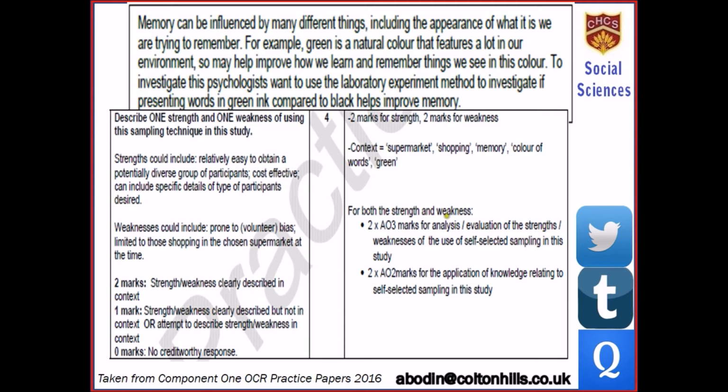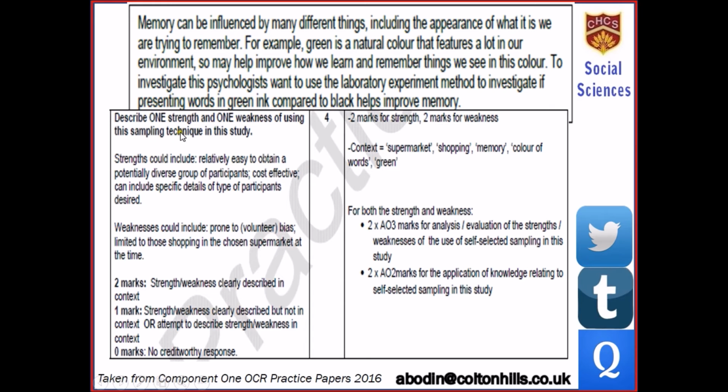So the words that are here, so supermarket, shopping, memory, colour of words, green, these are all key words that you could use within your answer to ensure that you got full marks for this question. So it wouldn't be enough to just say, even though the question says describe one strength and one weakness of the sampling technique, if you just said one strength of the sampling technique, one weakness of the sampling technique, you could only get 2 marks here.